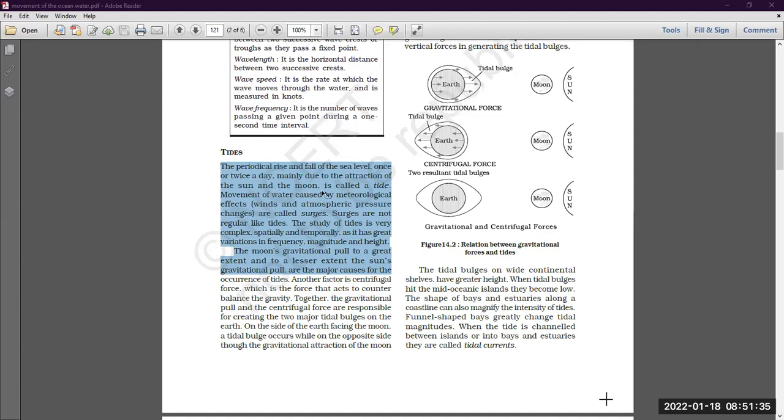As we all know about gravitational force, every body with mass has some gravitational force, and gravitational force is the force that attracts any two objects with mass.